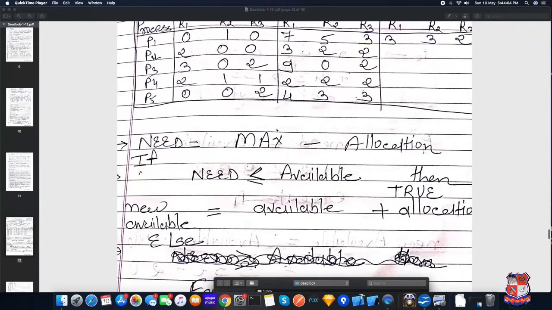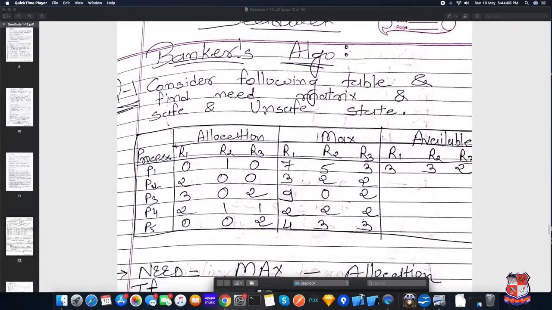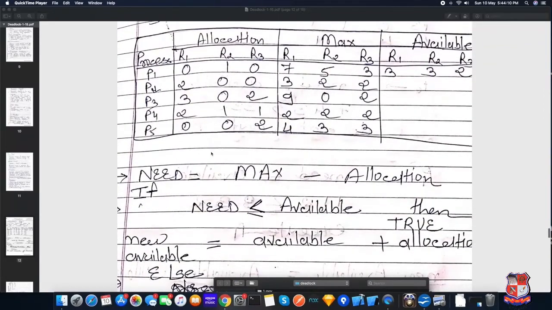If we apply the banker's algorithm on the system, we perform the following steps.